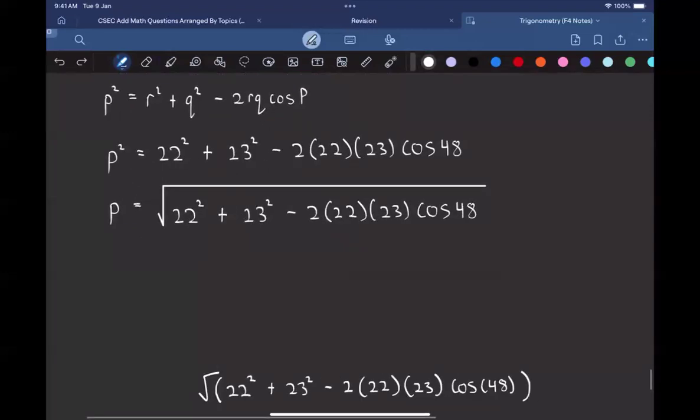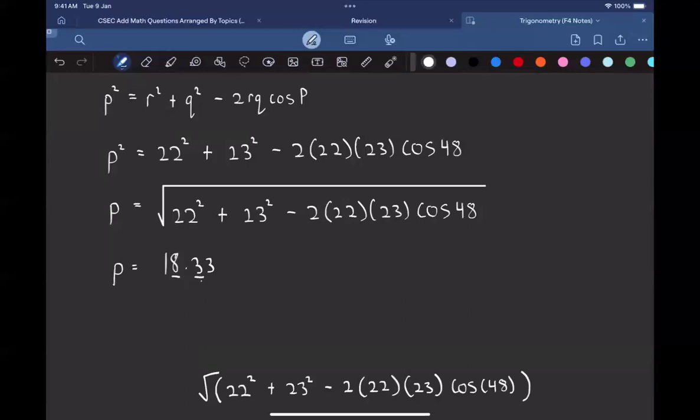Wait, hold on. Let me go back. It's 23, not 25. They changed it. So if I have 18.33 and I'm rounding off to the nearest centimeter, what's the number after the 8? It's 3.